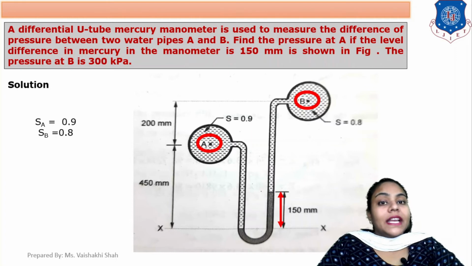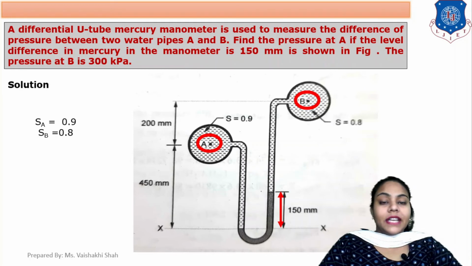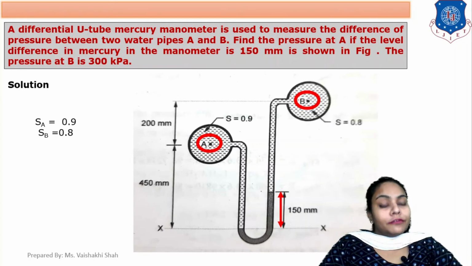So the fluid in pipe A has density 900 kg per meter cube, and the density of fluid in pipe B is 800 kg per meter cube. Now we have to solve the example.